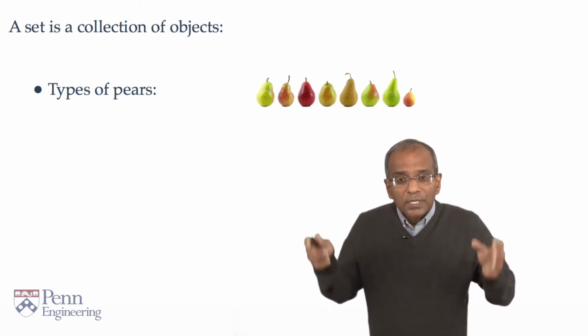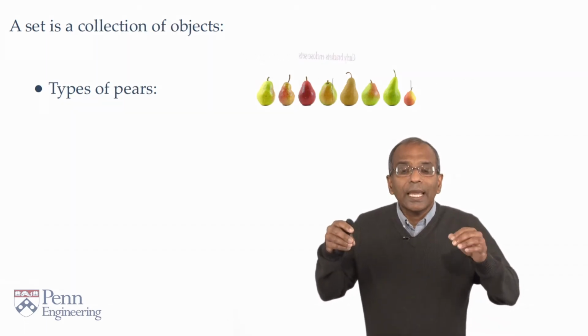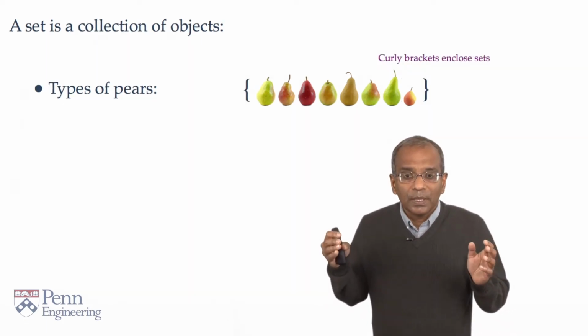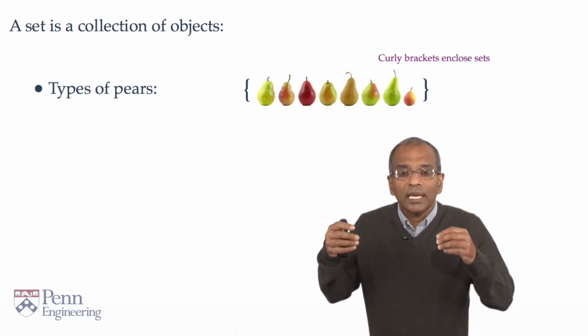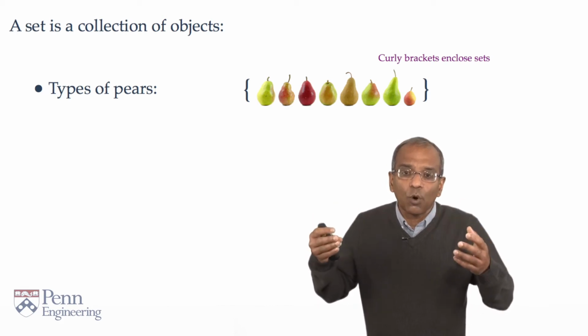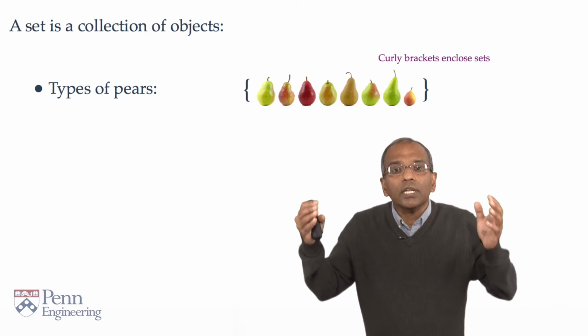And we represent it mathematically by enclosing the collection in curly brackets. And as always, in this kind of context, when we are dealing with collections of objects, aggregates of objects, we describe it mathematically succinctly by using curly brackets.